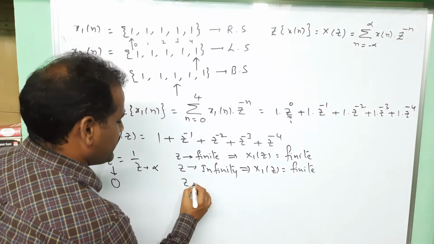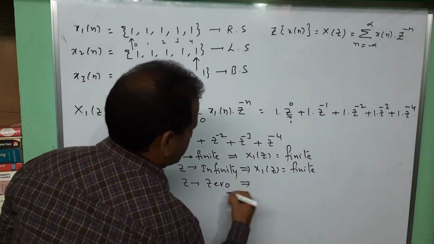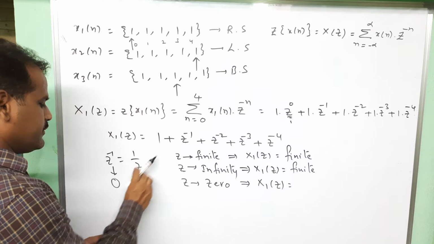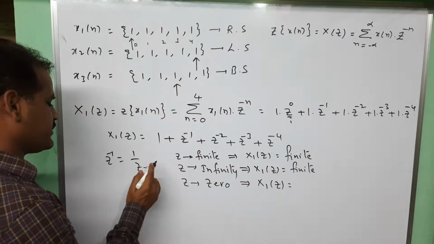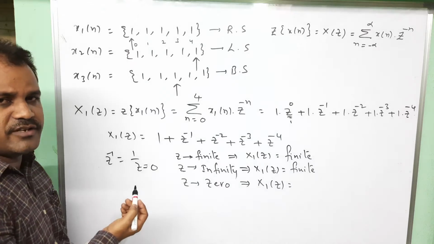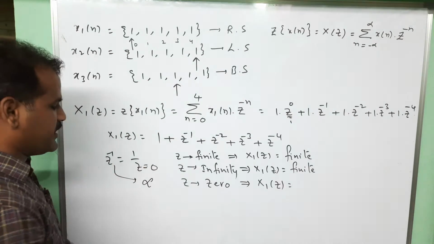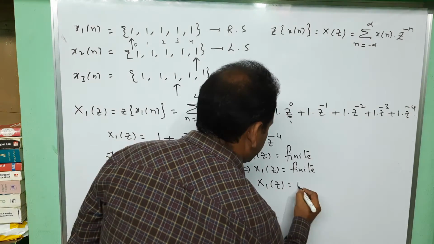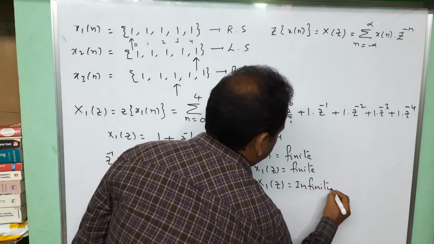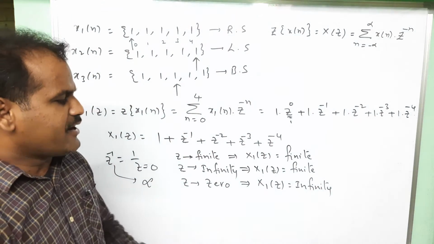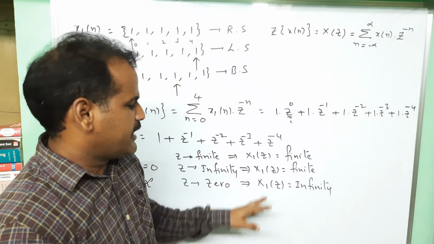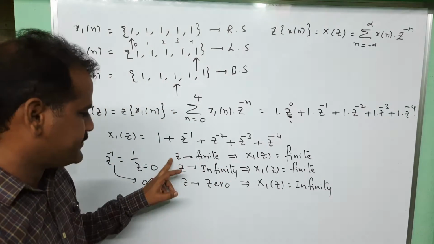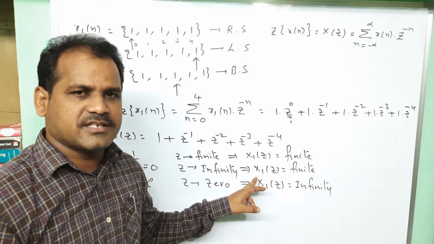Whereas if z value tends to 0, what happens to x1 of z? If z is equal to 0, in the denominator 0, 1 by 0 is infinity. So z inverse tends to infinity as z tends to 0. So whenever z is 0, x1 of z tends to infinity. According to the definition of the ROC, x1 of z should not be infinity. The range of values of z for which x1 of z converges is called its ROC.